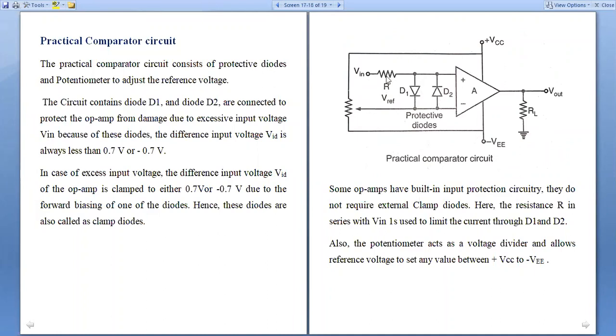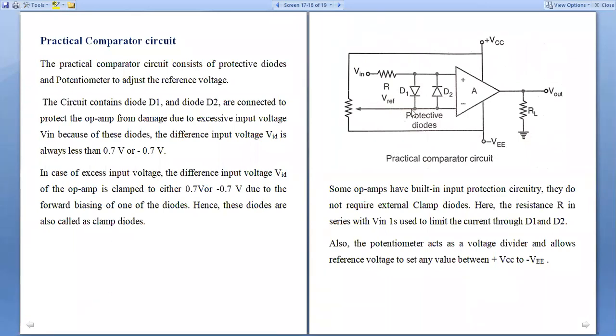This potentiometer arrangement gives the reference voltage, which is taken with the help of plus VCC and minus VEE. So that is the construction of the practical comparator.